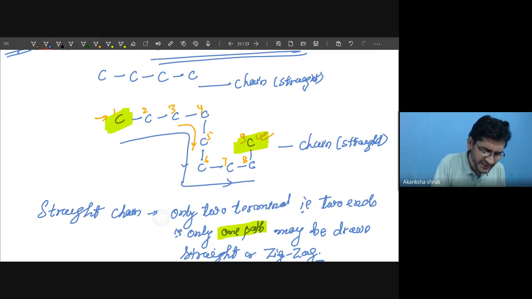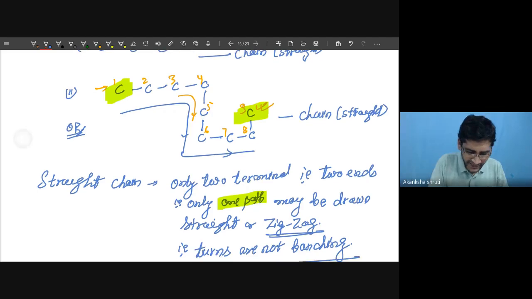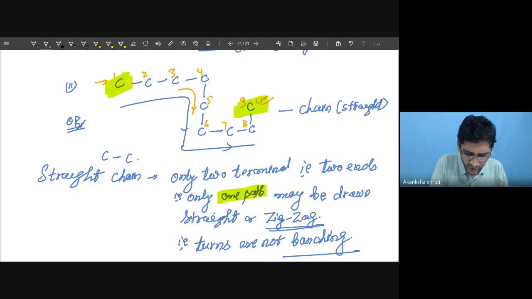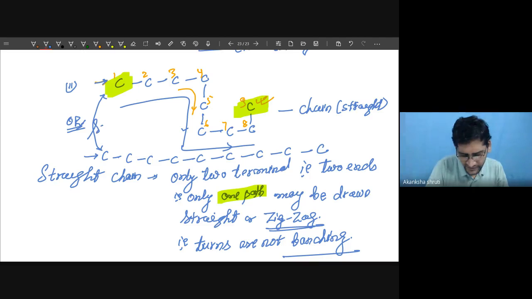You may draw this in the straight fashion: 2, 3, 4, 5, 6, 7, 8, 9, total 9 carbon. Both mean the same. Whether you are drawing in zigzag fashion or in a straight line, both are the same. This we have to keep in mind.